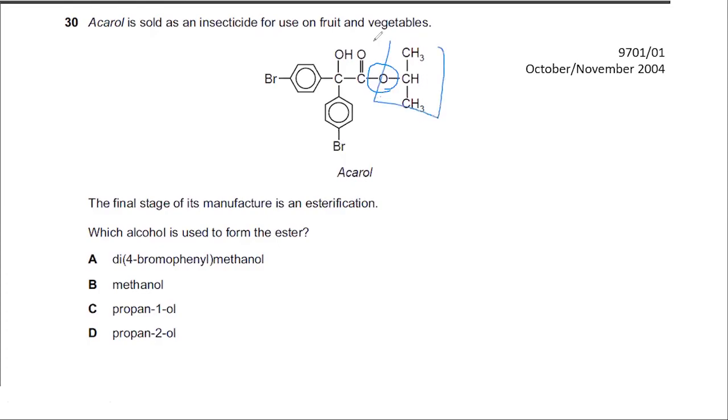This part came from the alcohol. If we make this portion into the alcohol, it will become propan-2-ol, because the hydroxyl group is connected to the second carbon within the longest chain of the compound. Yeah, that's all for the esterification.